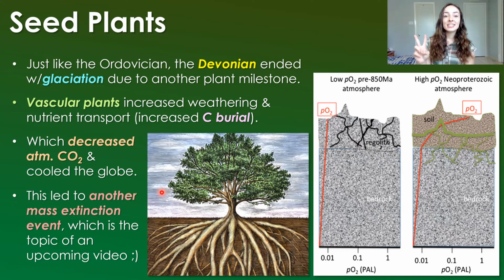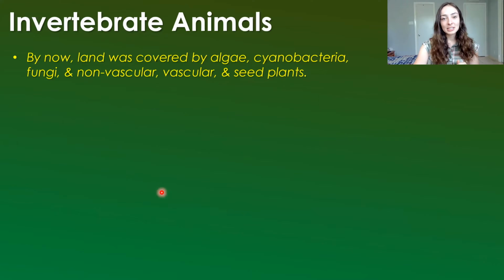This led to the second of the 5 major mass extinctions that have occurred throughout Earth's history. And this is going to be another separate video because this is, again, one of the major mass extinction events. So we'll talk about the late Ordovician extinctions and the late Devonian extinctions in 2 separate videos other than this one. But anyway, this also caused a mass extinction.